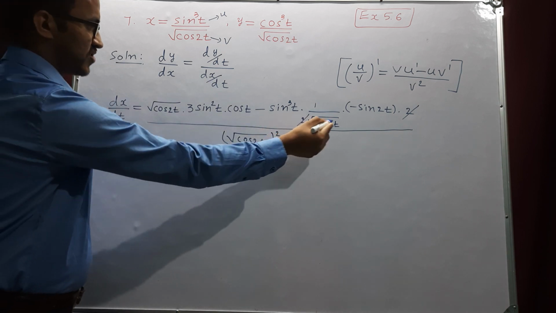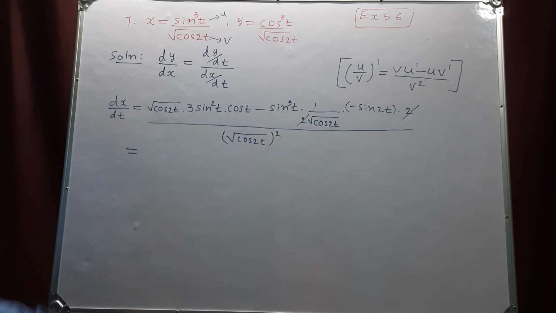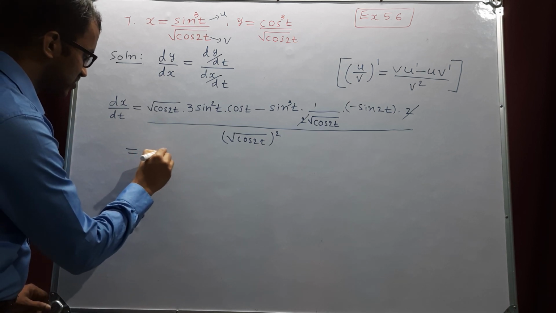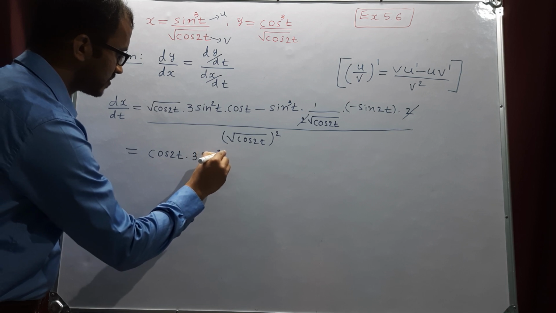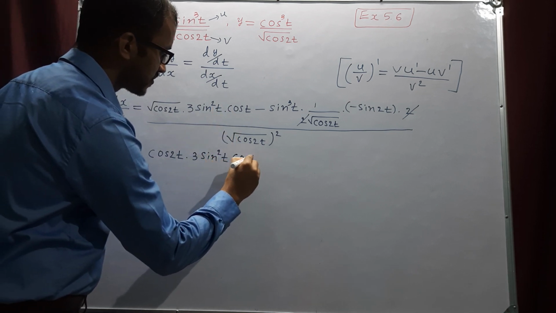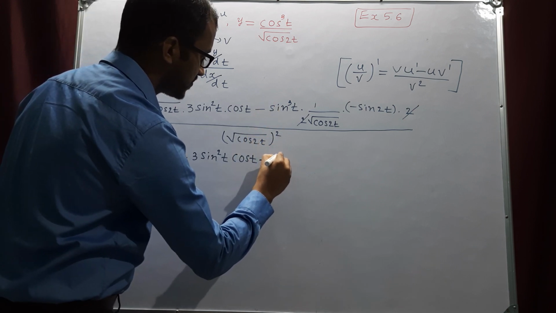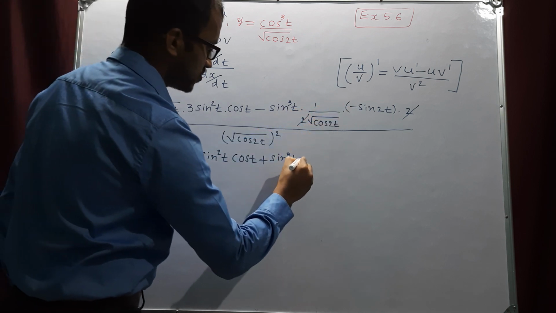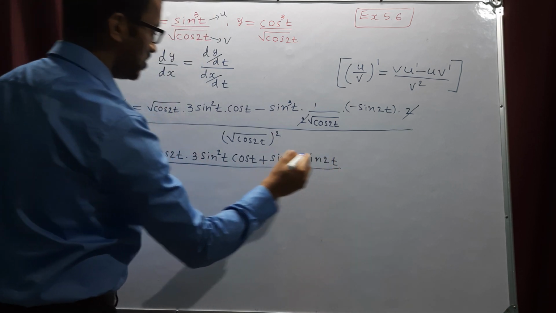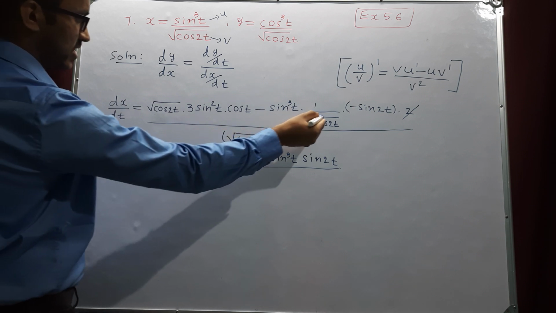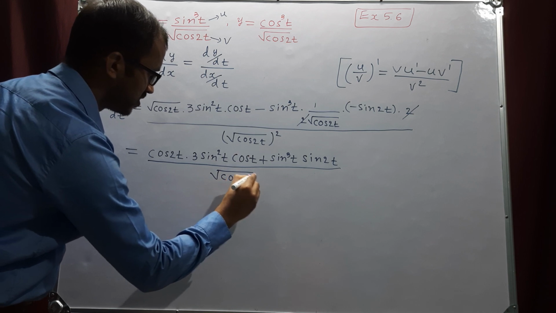Again, if I take root of cos 2t as LCM, root of cos 2t into root of cos 2t is root of cos 2t whole square, that is nothing but cos 2t, into 3 sin square t cos t minus, minus into minus becomes plus, sin cube t sin 2t, whole divided by root of cos 2t whole square again into root of cos 2t, that is root of cos 2t whole cube.